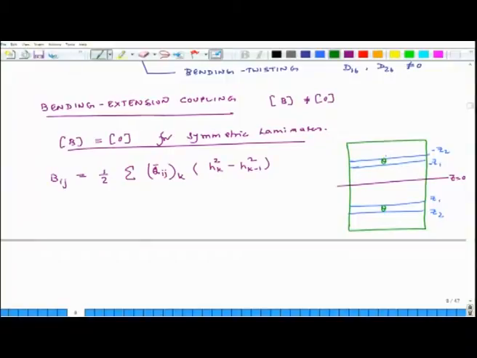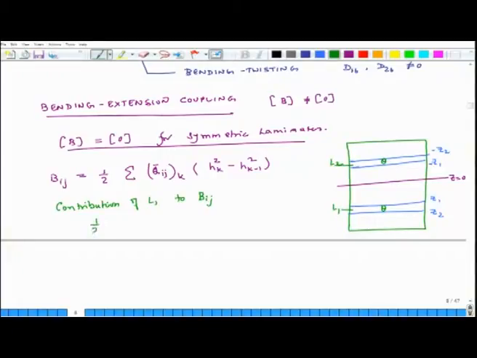So, let us see the contributions of these two layers to the B matrix. Let us say this is L1 and this is L2. So, the contribution of L1 to Bij, what will it be?